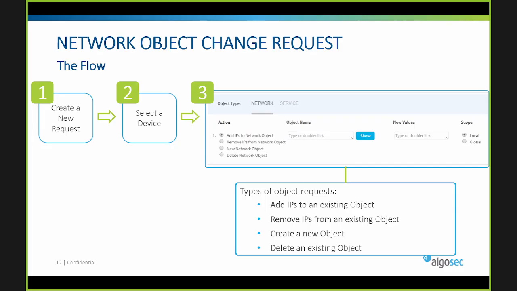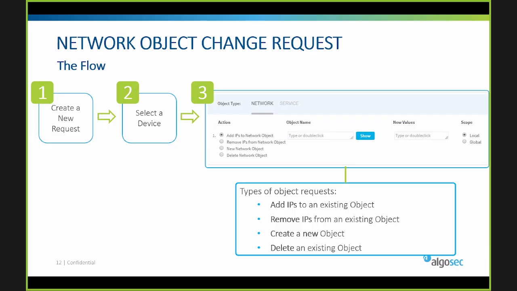We are imposing that very strict workflow onto a change. So whilst it's a trivial change, we still want to have it documented properly. It may be trivial that you're adding IPs to an existing object, but you want to have that recorded somewhere. And this is the best place to do it.